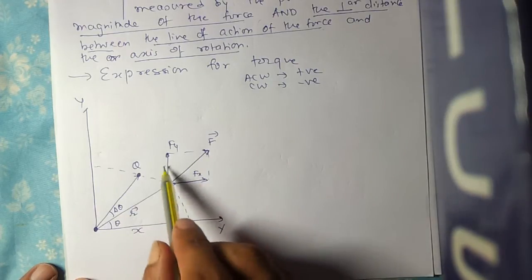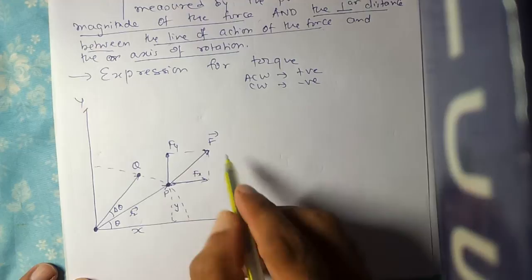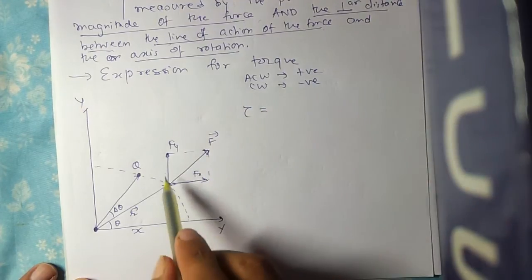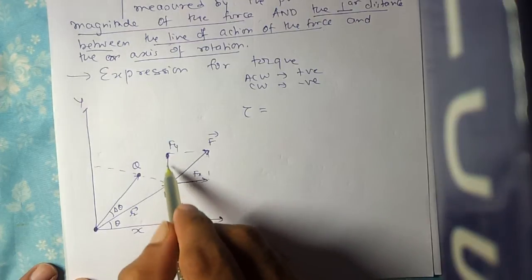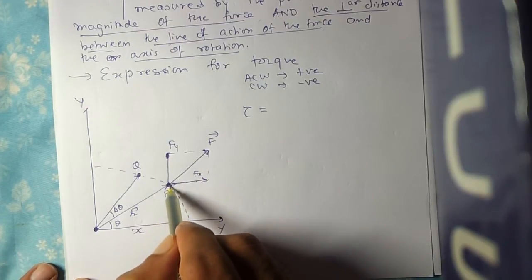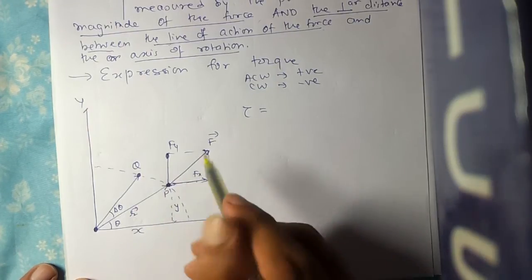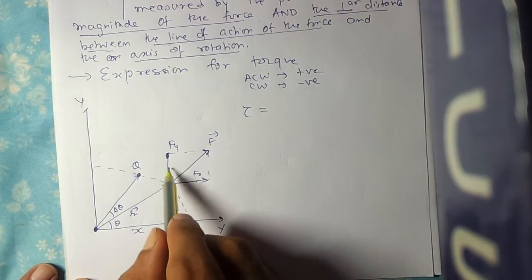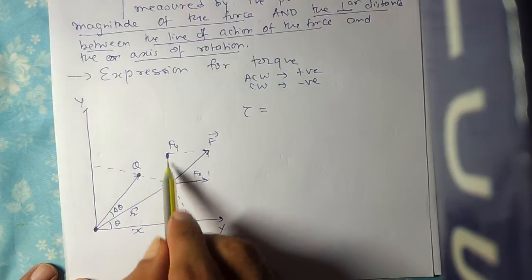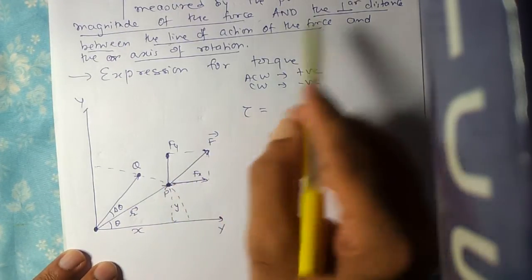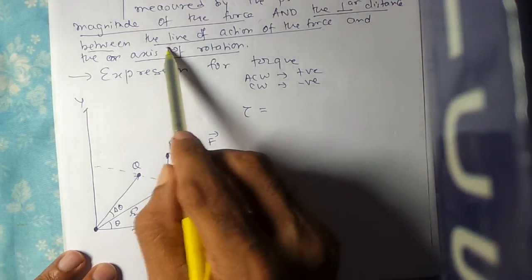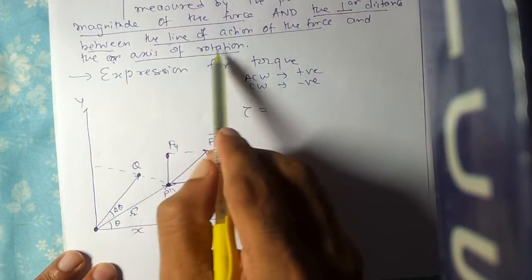So I will calculate the torque produced by each of the forces. So torque is equal to the torque produced by Fy and Fx. Let us begin with Fy. Fy is acting at this location and in this direction. So what is the torque produced by Fy? For that I have to take the magnitude of Fy and multiply it with the perpendicular distance between the line of action of force and the axis of rotation.